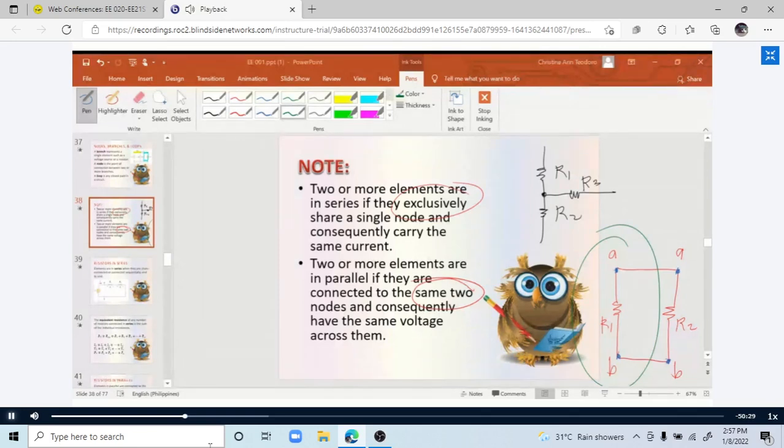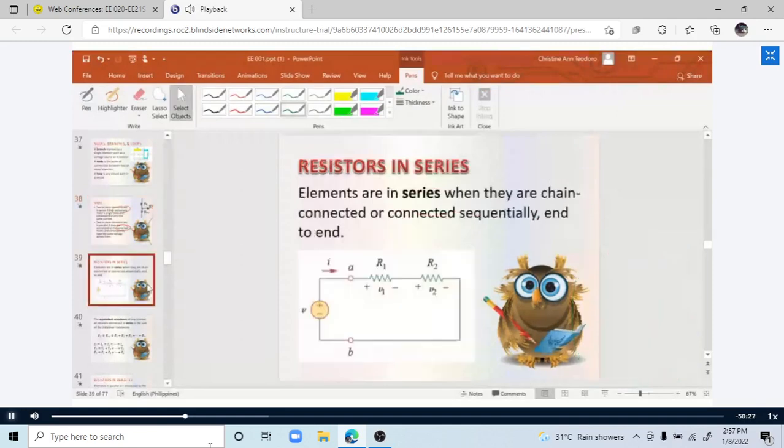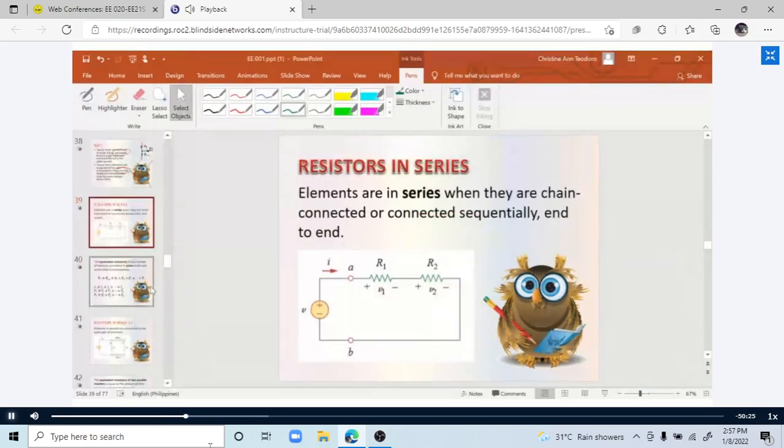Okay. So let us now go on to the conditions of resistors in series and resistors in parallel. Elements are in series when they are chain connected or connected sequentially. When we say sequentially, it is like a sequel, in chronological order.